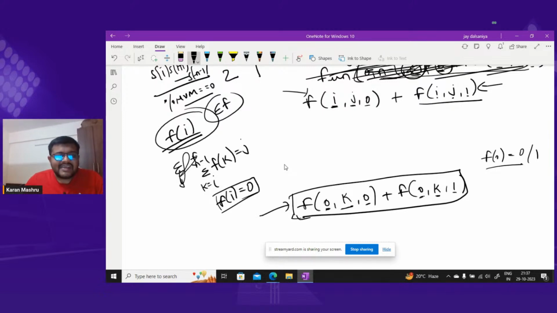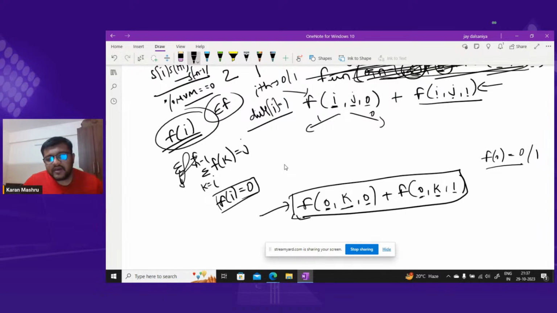Now let's say at the ith index, the division of I is 1. It means the suffix from I to n minus 1 is divisible by num. So at the ith index I have two choices, 0 or 1. Suppose I take 1, suppose I take 0. If I take 1, then I will say consider all the suffixes starting with index I plus 1, and the XOR starting at index I had value 0.